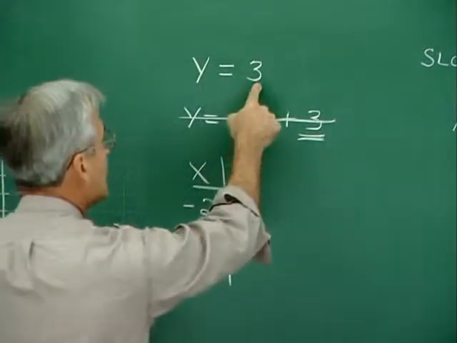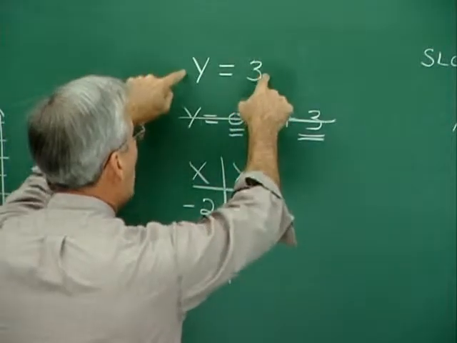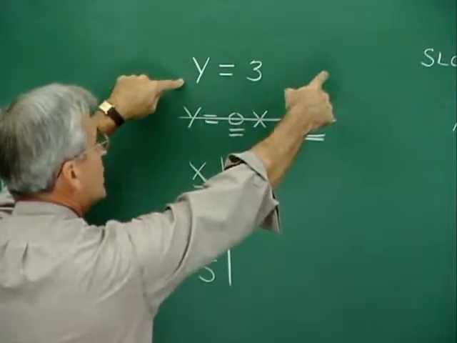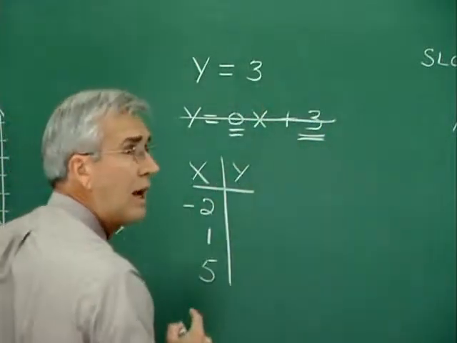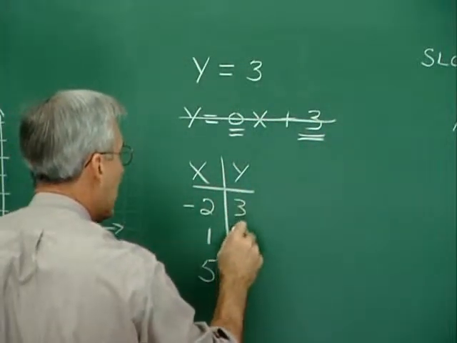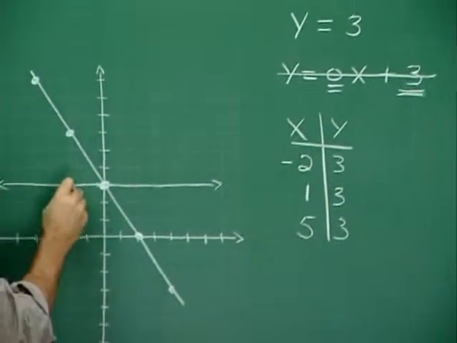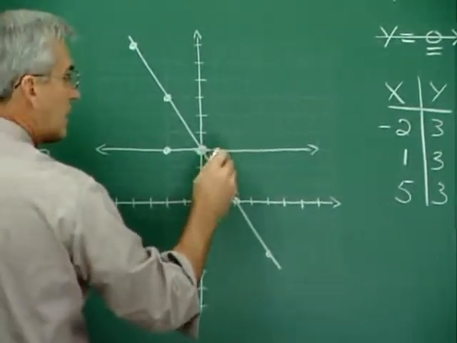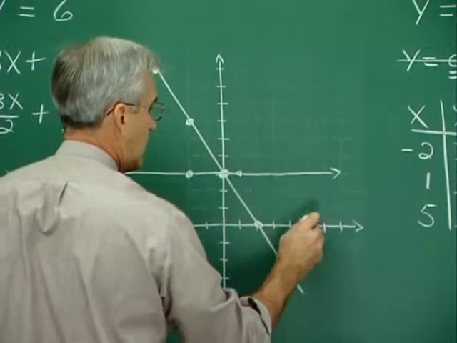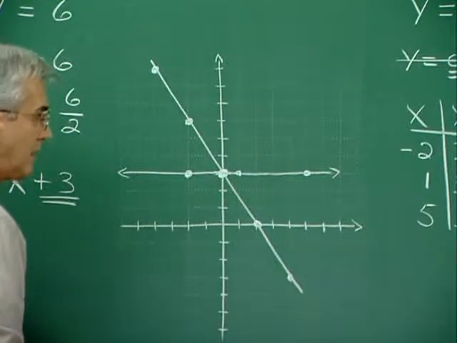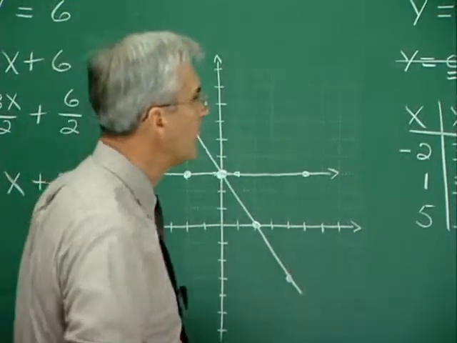But this says y is equal to 3. And it means y is equal to 3 no matter what x is, because there's no x in this to affect the value of y. So y is 3 for all of these, and if we plot the points, we get, let's see, (-2, 3), (1, 3), (5, 3), you see. And then constructing the graph, we get the expected horizontal line.